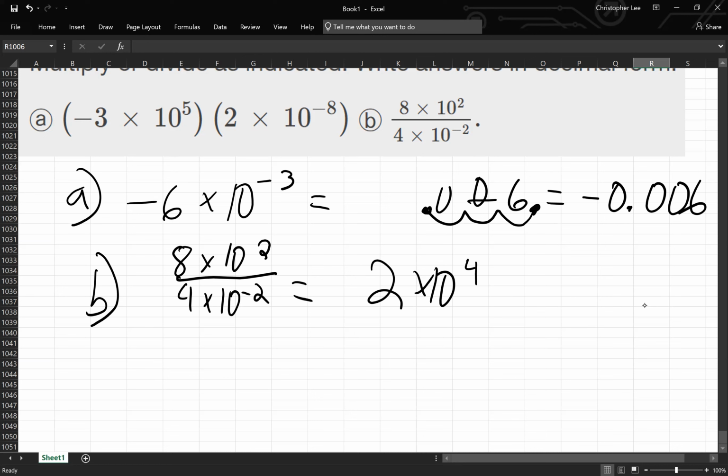Positive 4, right? And then this becomes 2. We're going to spot over 4 times. 1, 2, 3. 20,000, right? Oh no, 2,000. Oh, it's 4. My fault. You're right. 20,000.